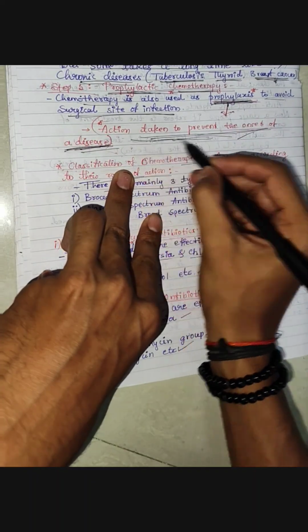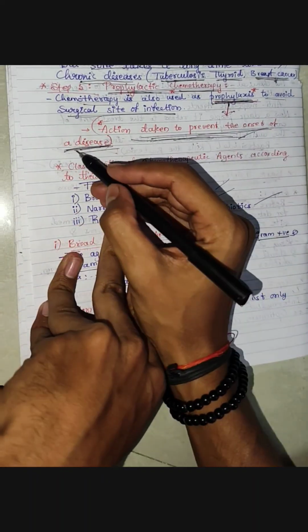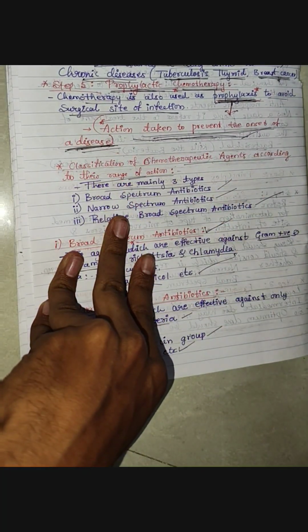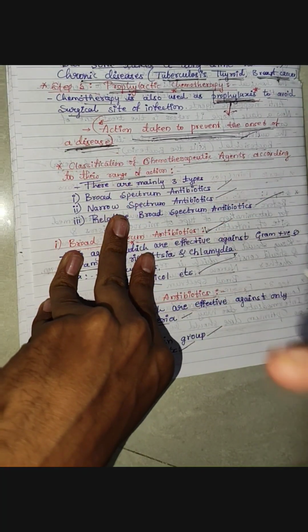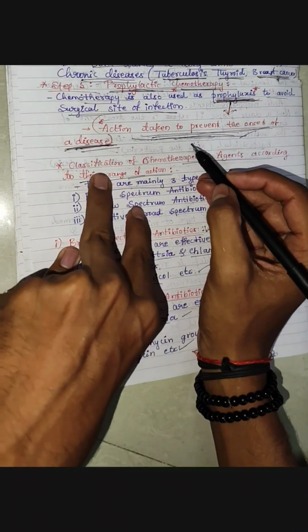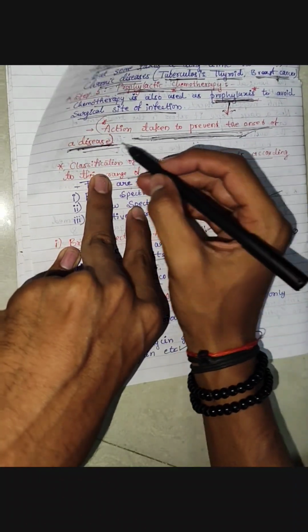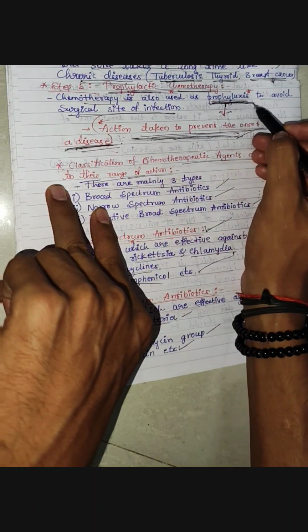Prophylaxis means action taken to prevent the onset of diseases. If another disease occurs, the action taken for that is called prophylaxis.